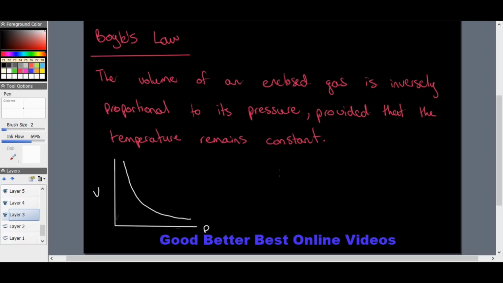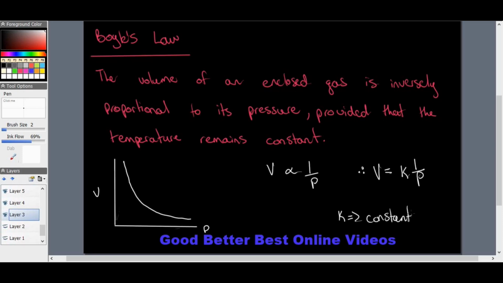Mathematically, volume is inversely proportional to 1 over P, which also means that volume is equal to K times 1 over P. Now what is K equal to in this regard? K is a constant.